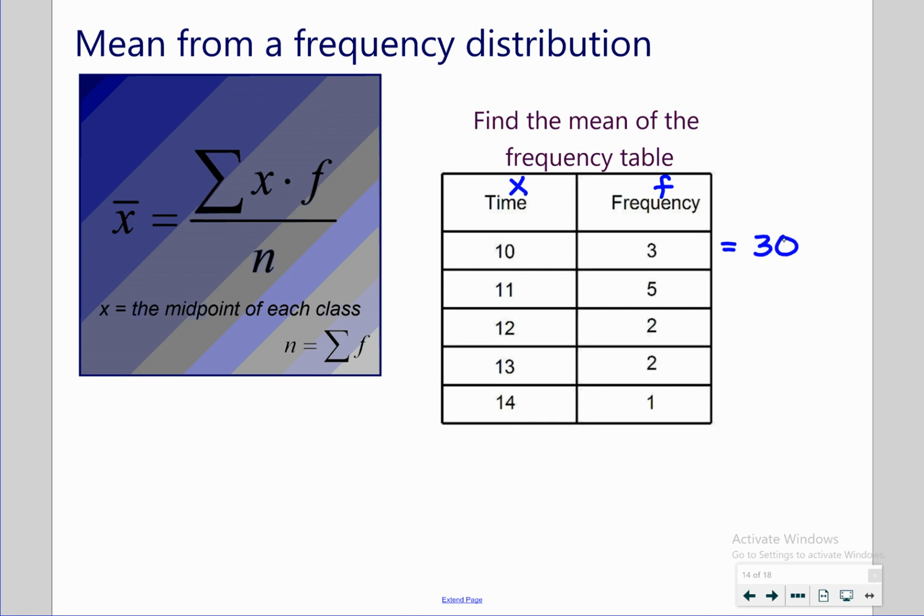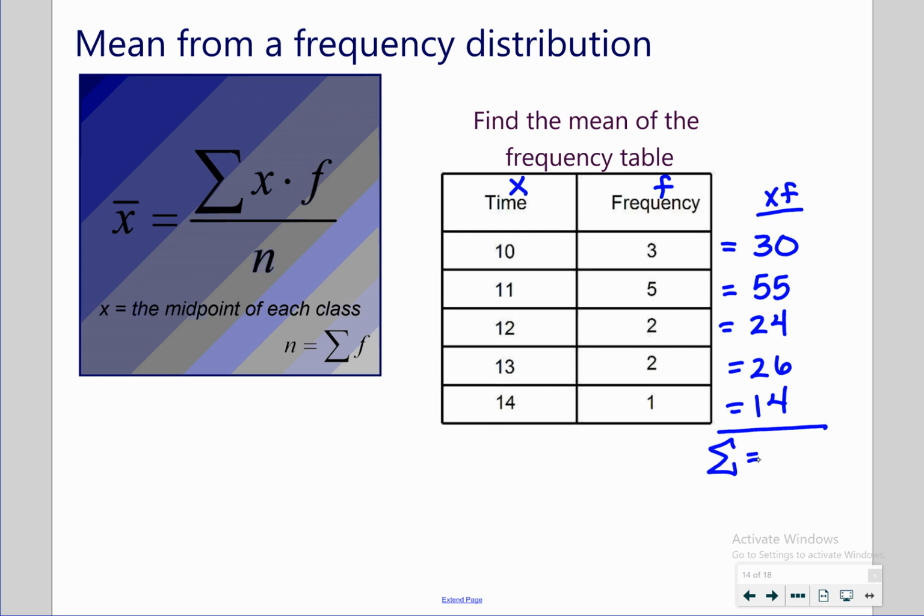So that's what this column is. It's all the x times the f's. If I add up 5 11s, it's the same as 5 times 11, 55, 24, 26, 14, and then the sum at the bottom of that column is what we're going to use in our numerator. It's the sum of all the x times f's.